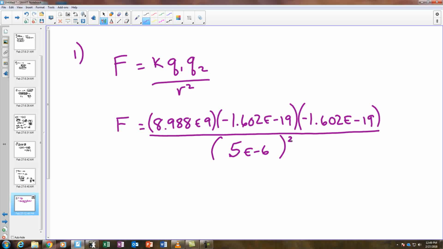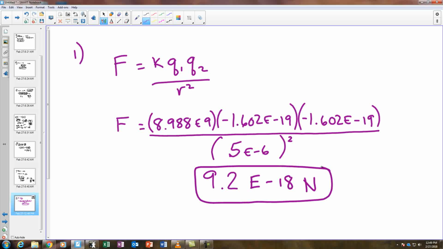It's really important you're able to get that typed in correctly. You should come up with a force of roughly 9.2 or 9.23, depending on how you want to handle that. The 5 micrometers actually looks like 1 sig fig, but regardless of how many sig figs you choose to use, 9.2 E negative 18 newtons should be our answer. There's answer. Question number 1, Coulomb's law.